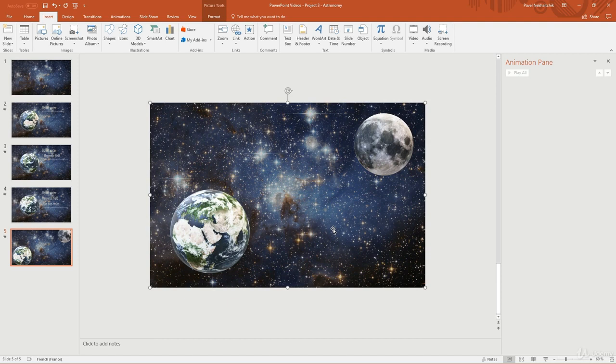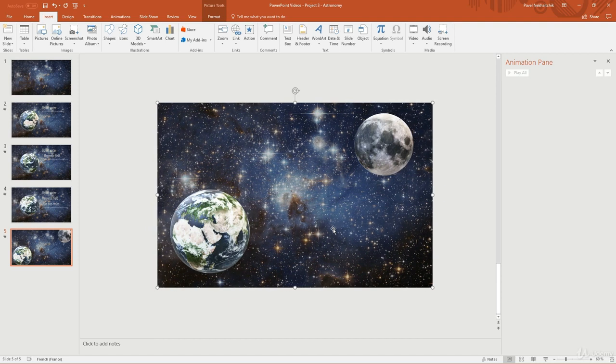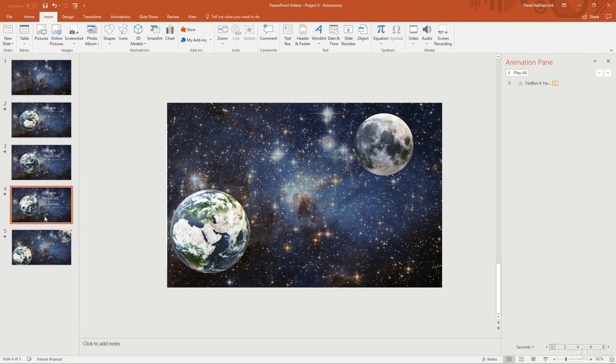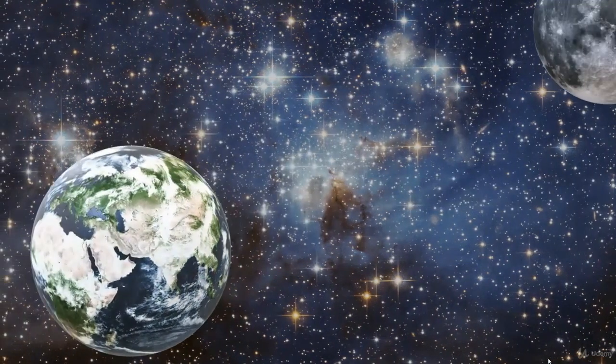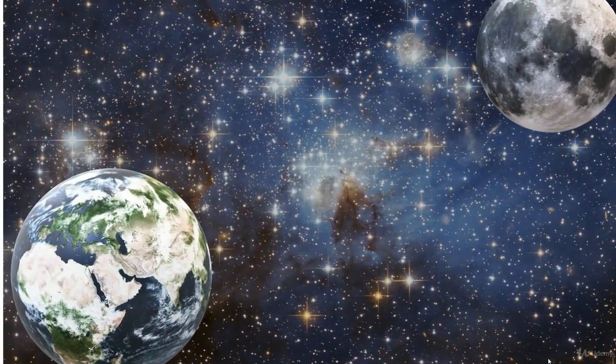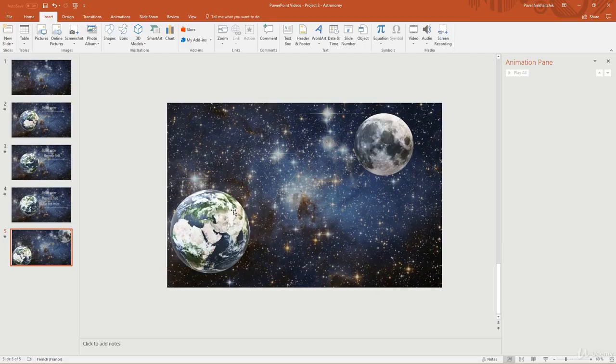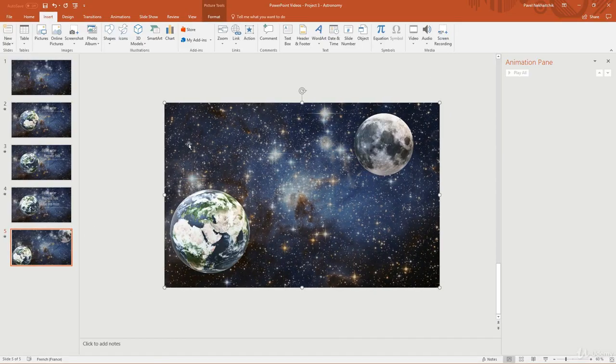So we can position it more on the right, like this, for example. Let's see what happens. I don't know. Let's discover. Has one moon. All right. Okay. Slight mistake here, but the idea is good.